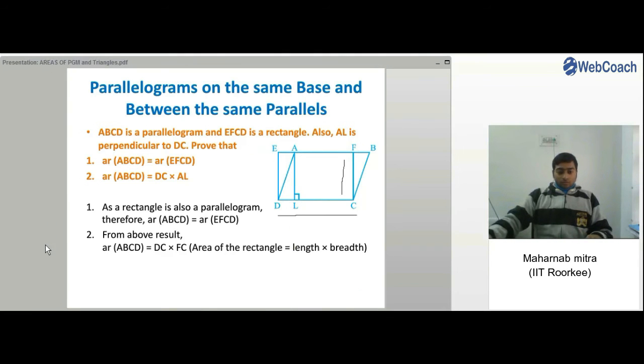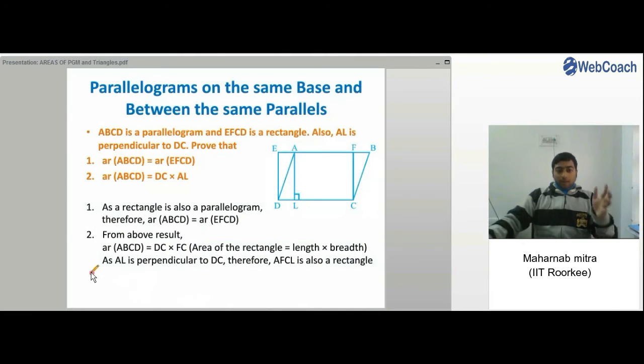Now AL is perpendicular to DC, right? AL is perpendicular to DC. So this AFCL is also a rectangle, right? AFCL is also a rectangle. Or if we can consider the length of FC, we can also consider the length of AL, right? Because both of them are same.